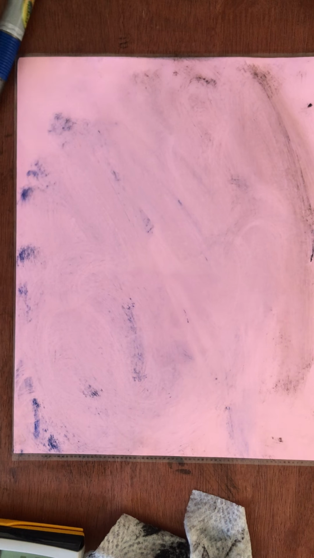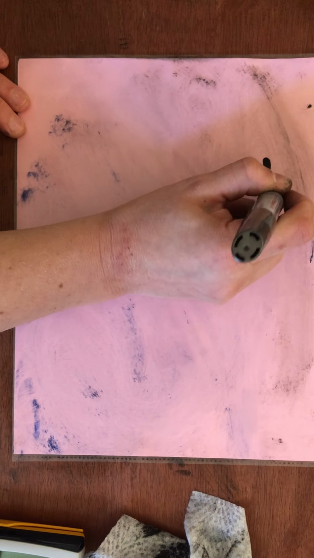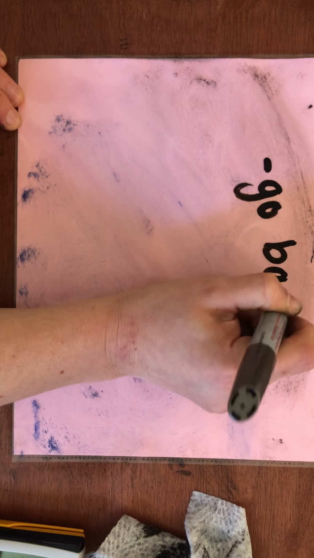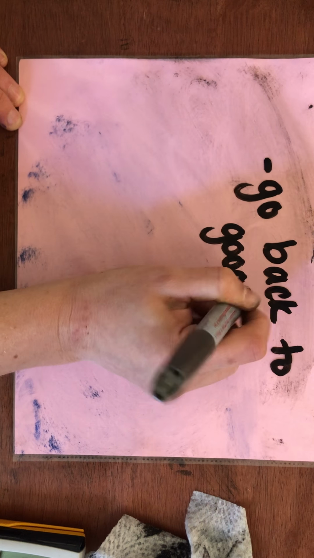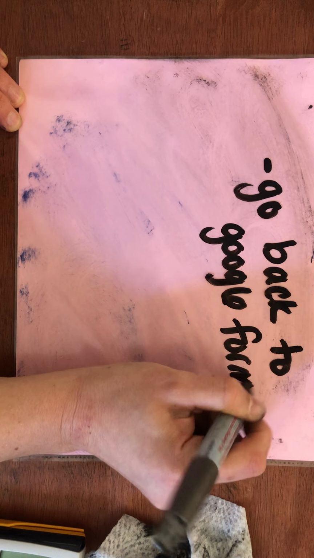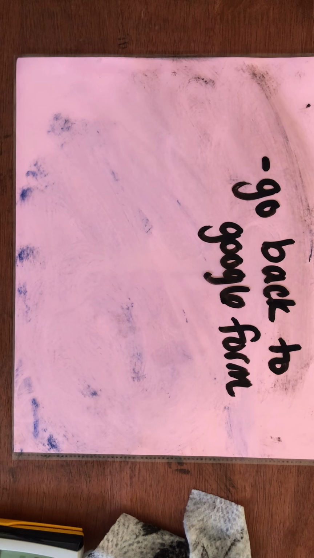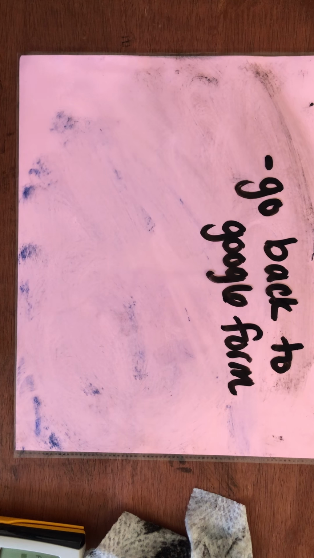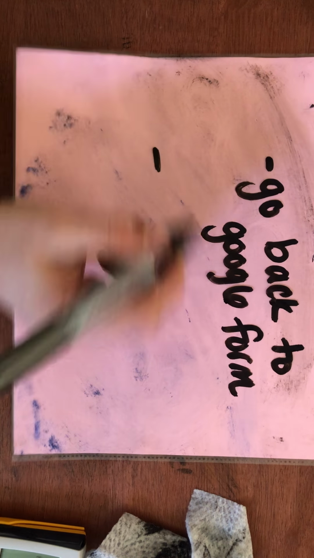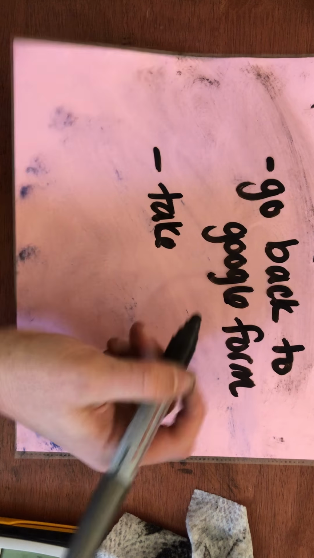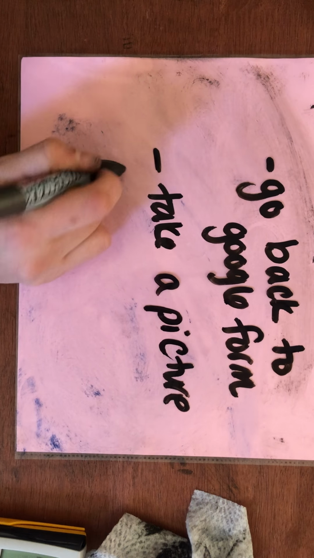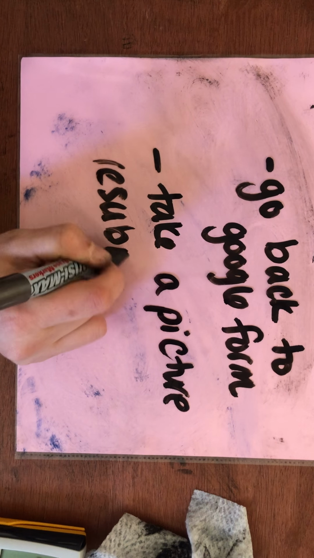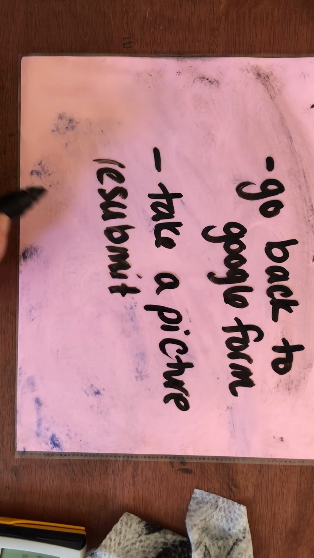Then if you feel like you can, go back to the Google form and look at the last questions where you had to type in your answers. I put comments on some of them, so go back and try to correct it. Then take a picture and resubmit them so I can see your work.